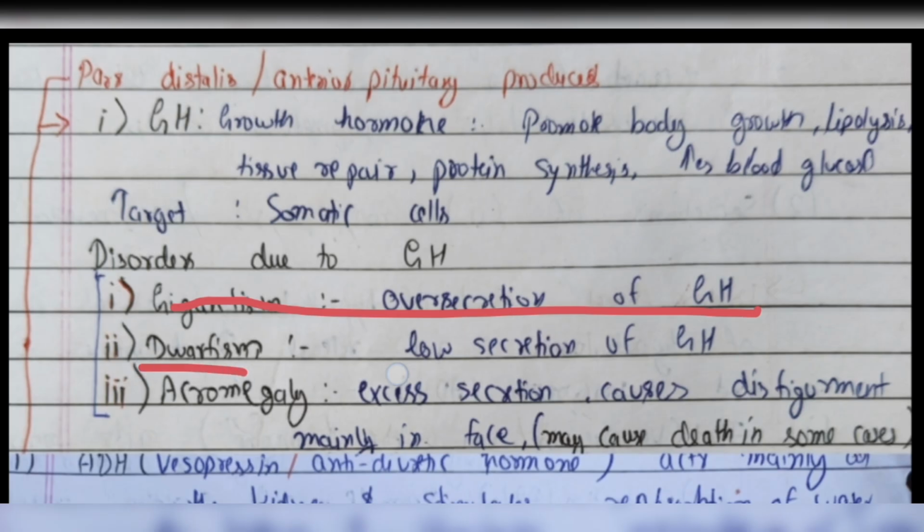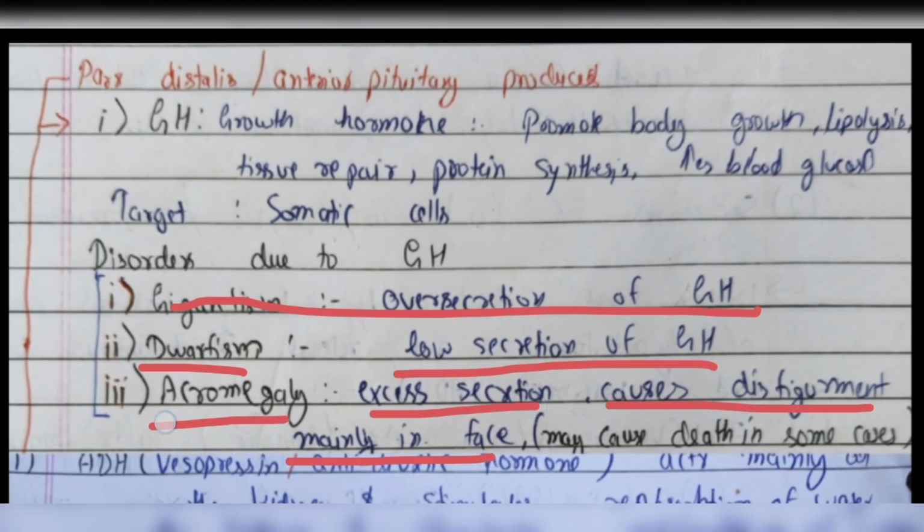The first disorder in NCERT is gigantism, which is due to the oversecretion of growth hormone. The second one is dwarfism, pituitary dwarfism is the exact term given in the NCERT, meaning a low size of the pituitary gland and overall low size development. It is due to low secretion of growth hormone.